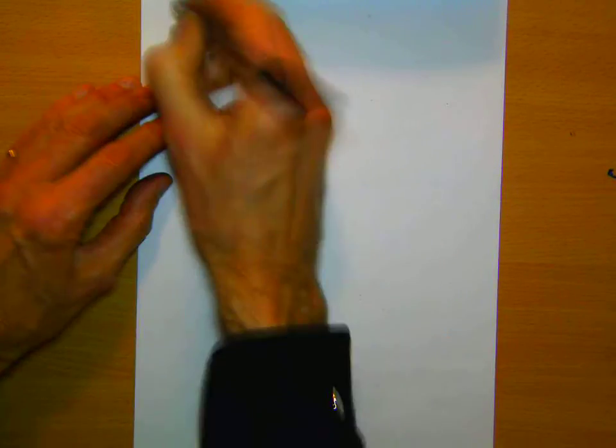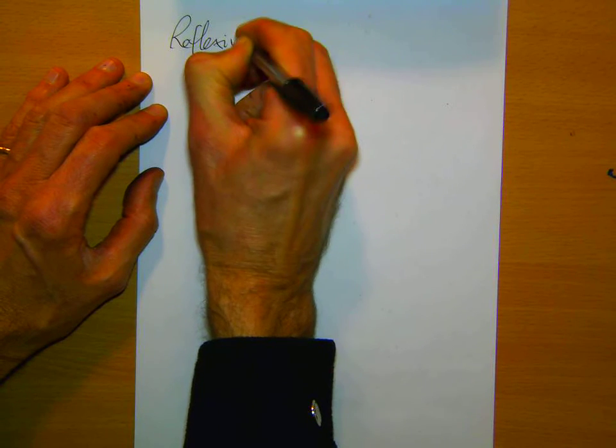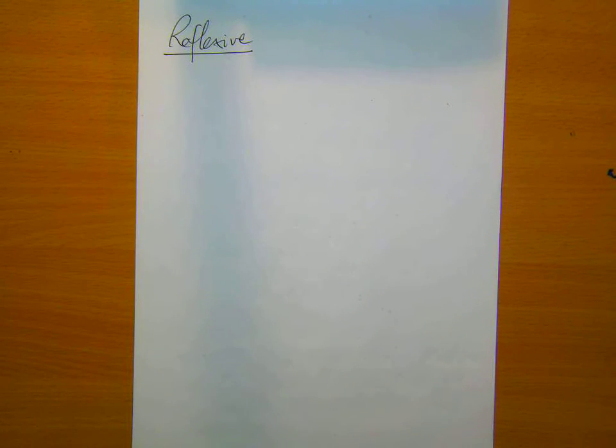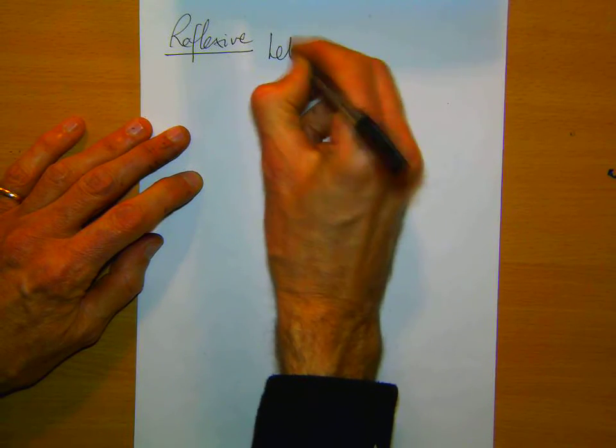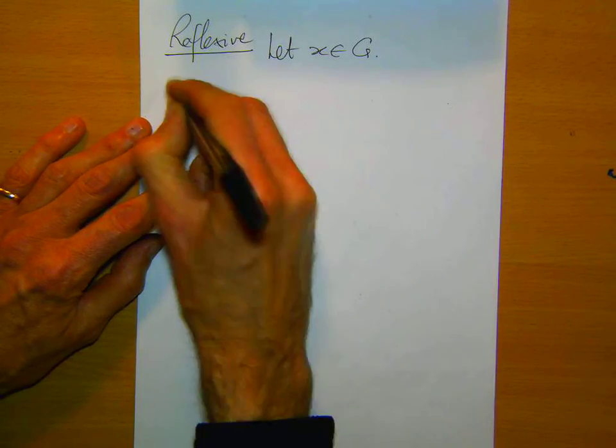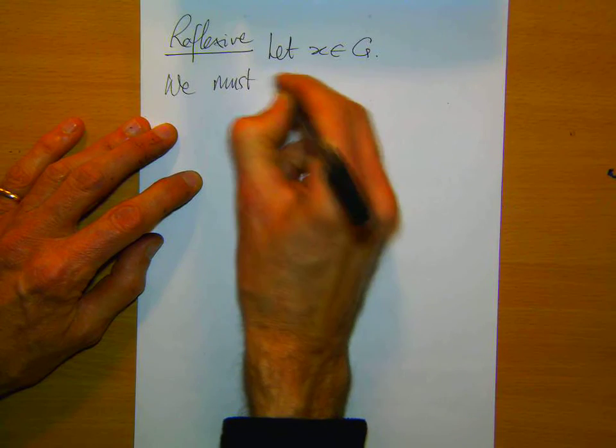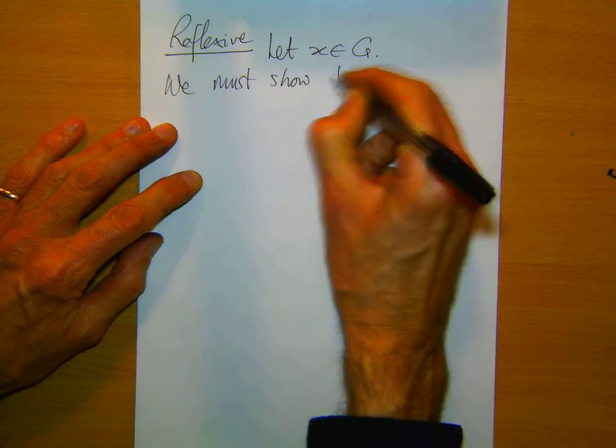So, reflexive. We haven't done this kind of thing since the beginning of the semester, which seems like a very long time ago to me. So we're going to take an element x in G, and we've got to show that x is related to itself.